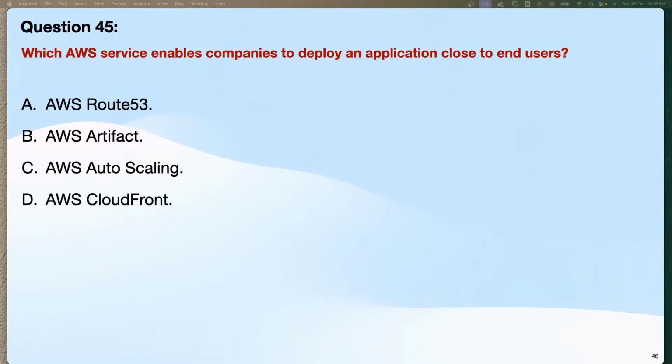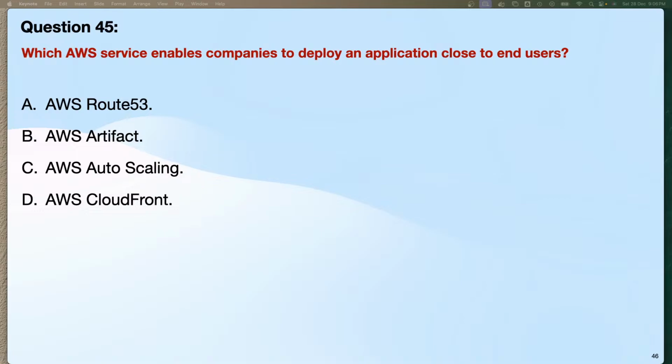45. Which AWS service enables companies to deploy an application close to the end users? We discussed this service also in our video course. So let's evaluate the options. AWS Route 53 is a DNS service. It is just for DNS resolution. It has nothing to do with hosting close to the end users, right?